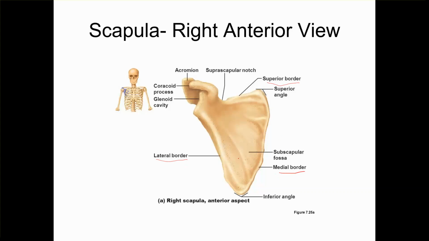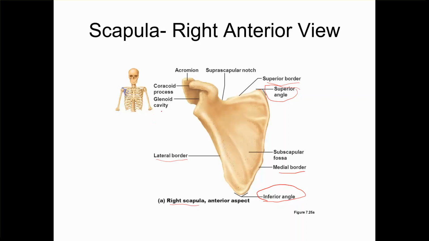This actually belongs to the right side. This is the right scapula. It has 3 angles. You can see here, this is the superior angle. This is the inferior angle over here. And then the medial angle, sorry, not the medial, it is the lateral angle.